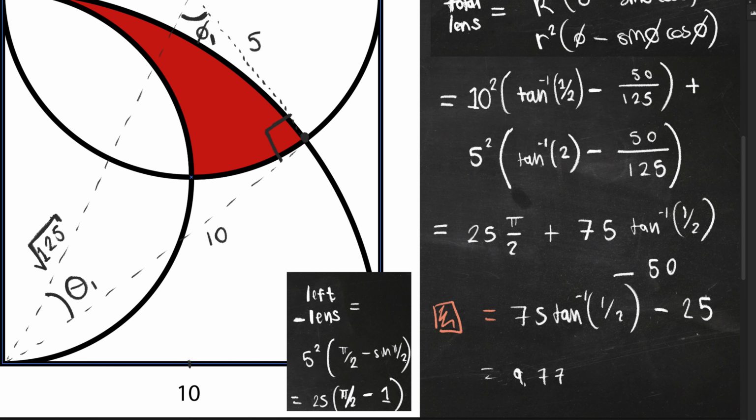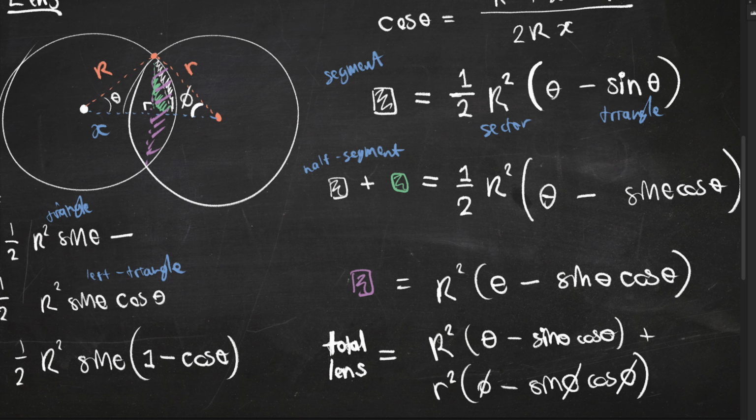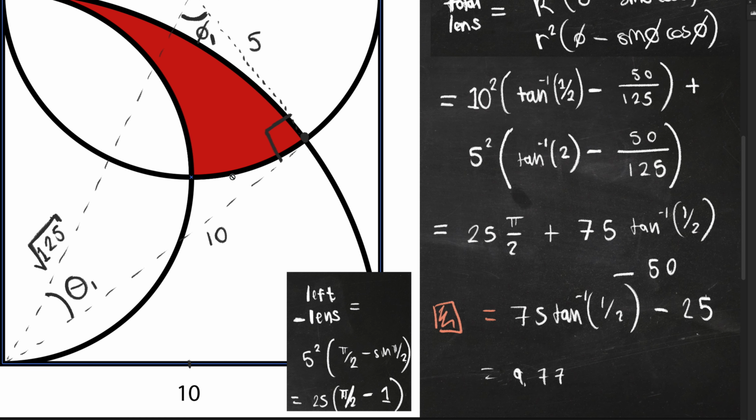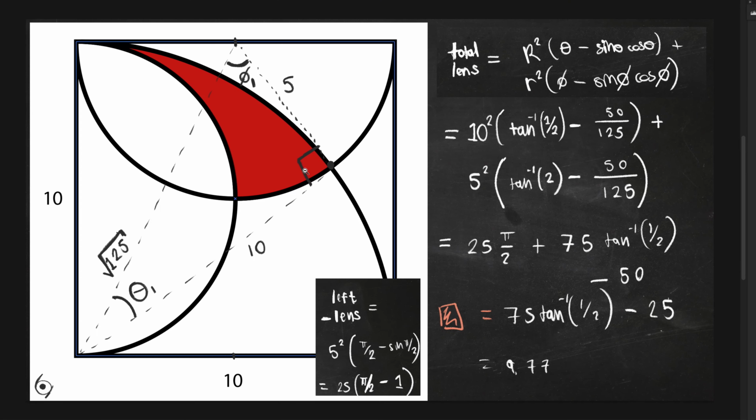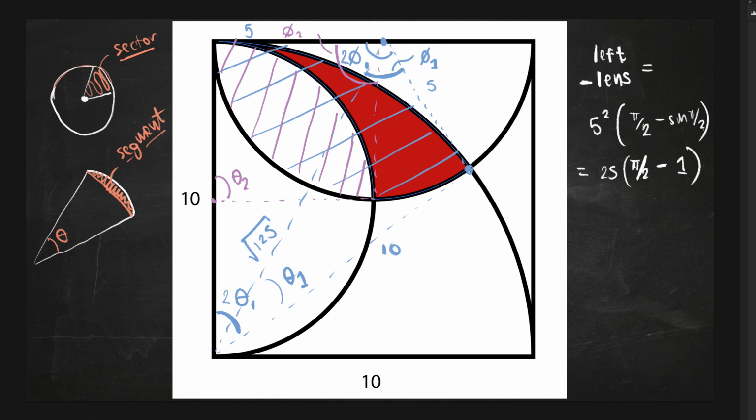And then it just boils down to finding the radii as well as the angles that are required to find the lenses here. So we have this smaller lens here.